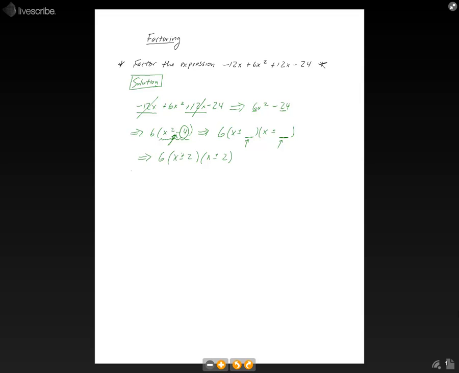We know that eventually we want a negative 4 right here, so one of the signs is going to have to be positive and one of them is going to have to be negative. In this case, it doesn't matter which. So let's go ahead and write this as 6 times x plus 2 times x minus 2, and our expression is completely factored here.